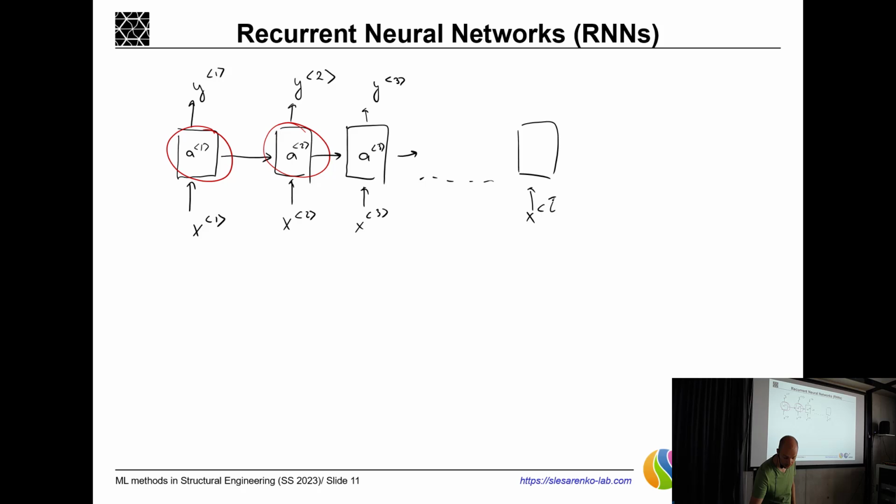So it's called Tx. And sometimes you also have this A0 input that contains only zeros, just to have some initialization.